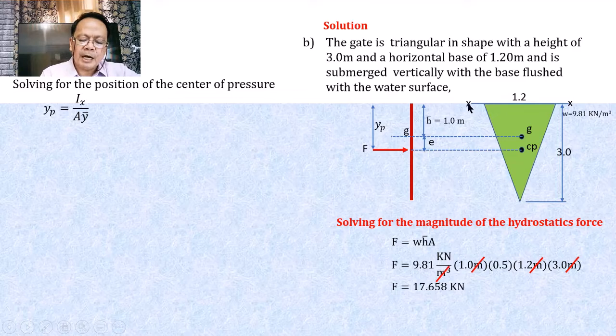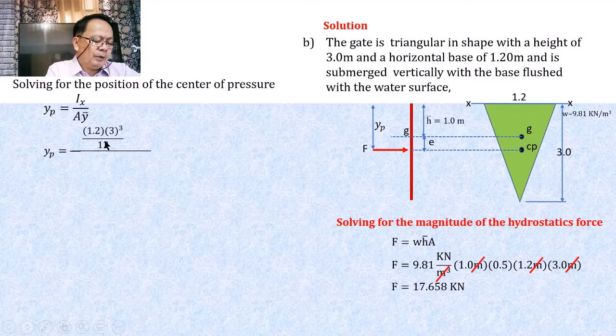And ito yung ating XX, di ba? And the triangle has the same base that coincides with the x. Therefore, we have a special formula for the moments of inertia of the triangle that coincides with the base, and that our I sub x will be equal to bh cubed over 12. Ito yung moments of inertia of this triangle with respect to the base, equal to bh cubed over 12.